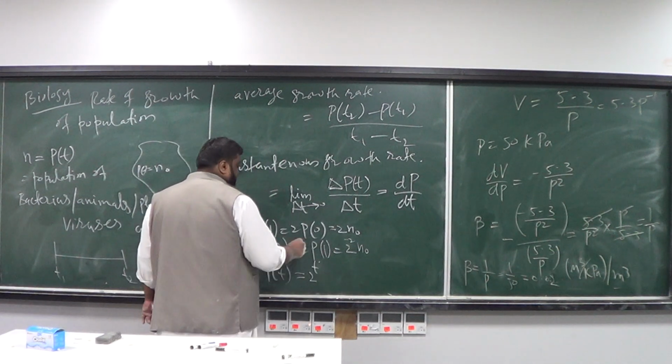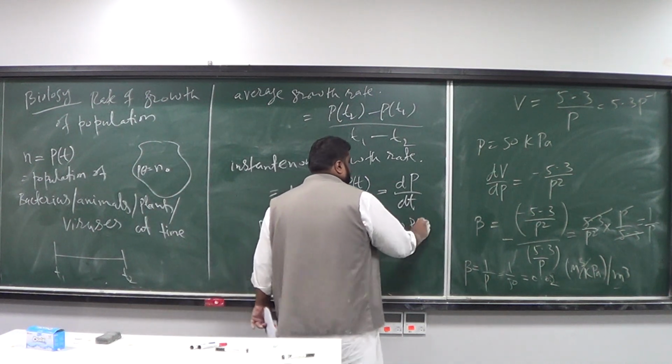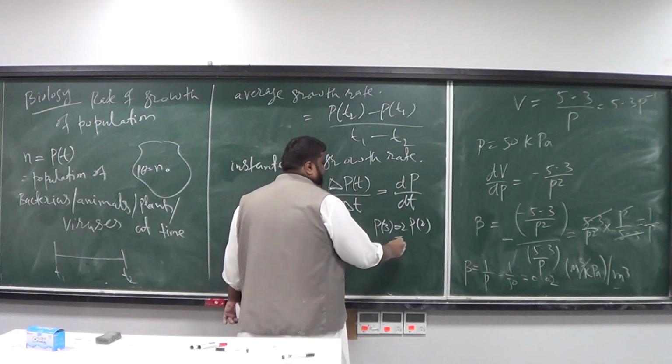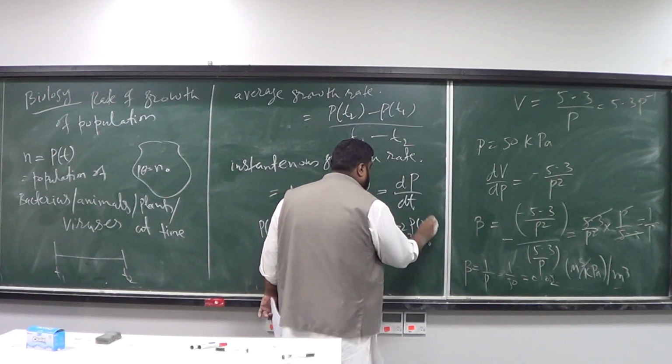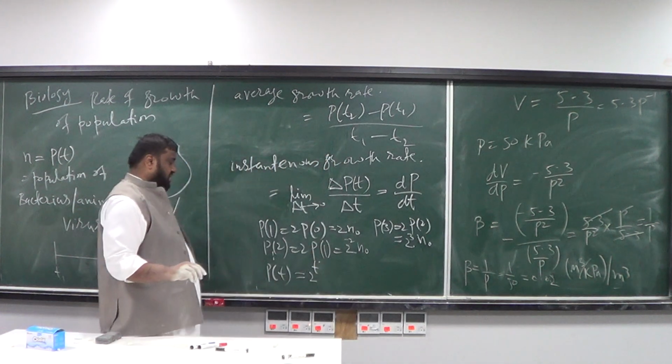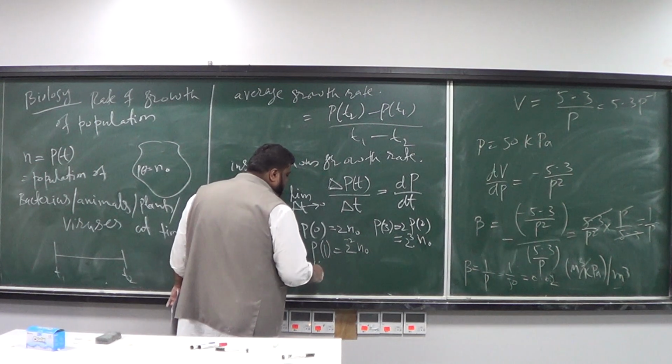Think about it: P of 3 is 2 times P of 2, which is 2 cubed times n naught. So P of t is 2 to the t times n naught by the same fashion.